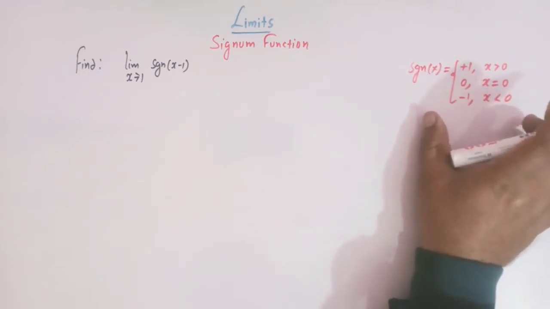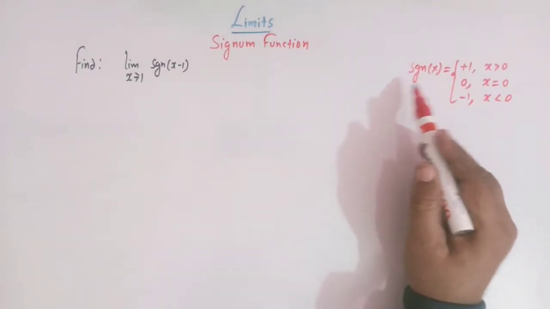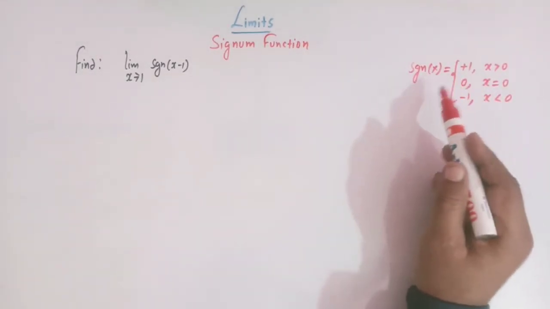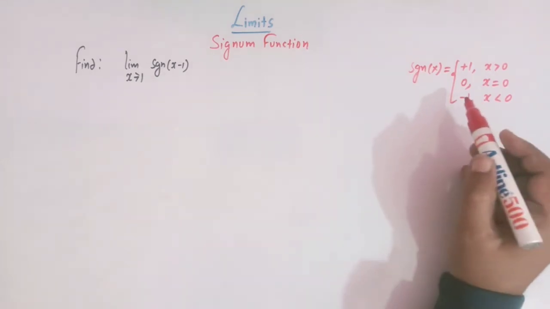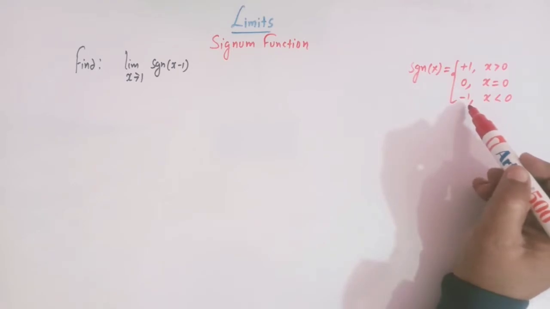So this is the definition of signum function, and we know that the domain of signum function is the set of all real numbers, and the range is 0, plus 1 and minus 1, right?